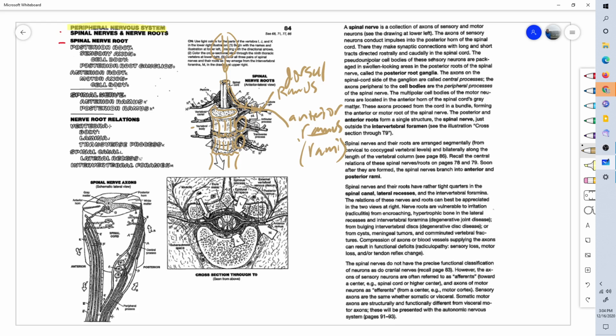All right. Now let's look, if we were to take a slice right here and expand it out, what would that look like? A cross-section view. Well, here is that vertebral body, the vertebra, the bone.